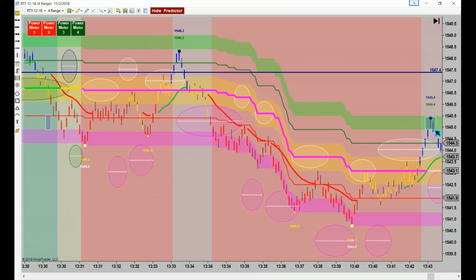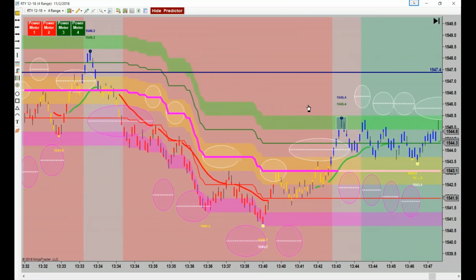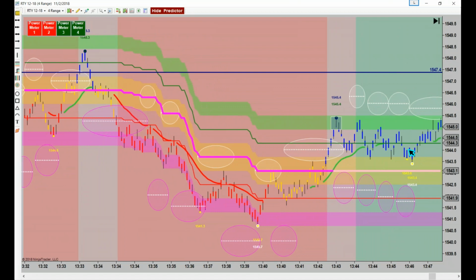But if you take them, you just have to put a tight stop. Because could this be a trend change? The answer is yes. At the time you're looking at it, it's getting a high and a low and a higher high here and a higher low and a higher high. Could this have been a trend change? Sure it could. But did it do a phantom? And the answer is yes, that's at least 10 ticks.